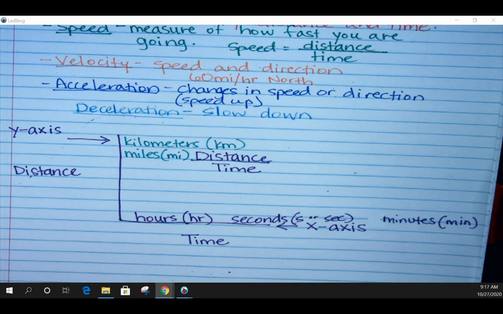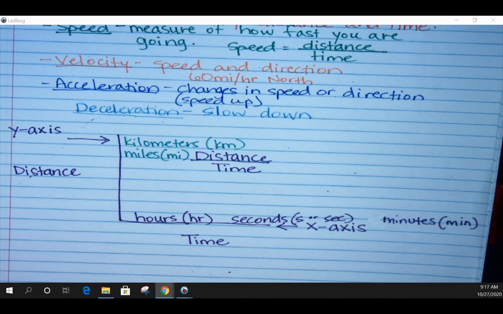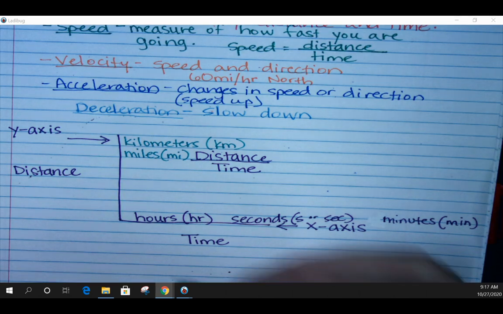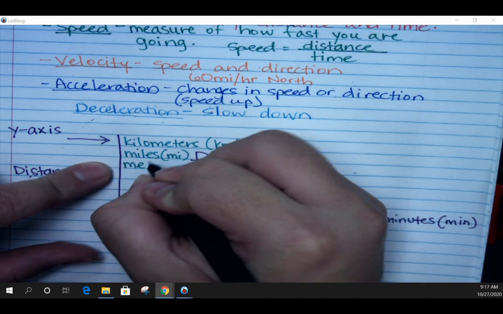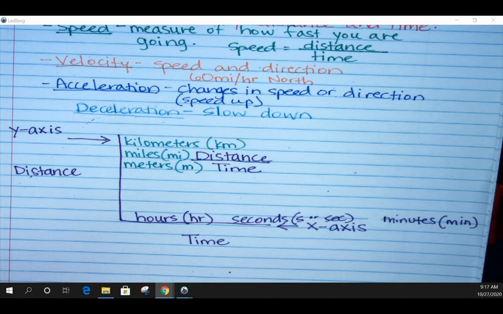In your parents' car, it'll have miles and kilometers on the speedometer. You could do meters, which is M. That's what we usually use when we're looking at distance time graphs. We usually do meters per second, or meters per minute, miles per hour or kilometers an hour.